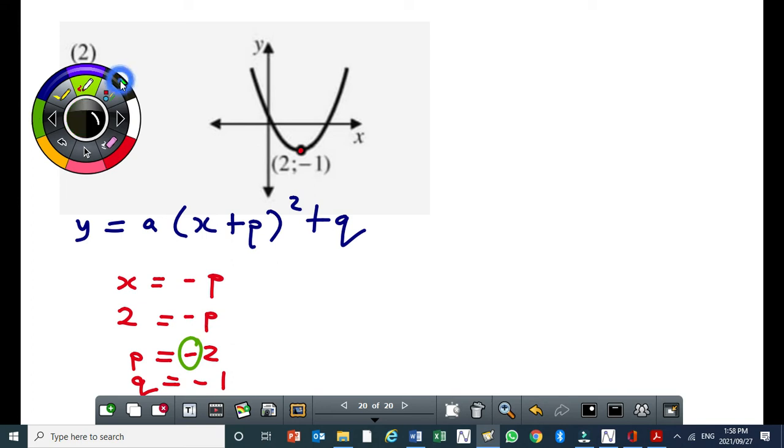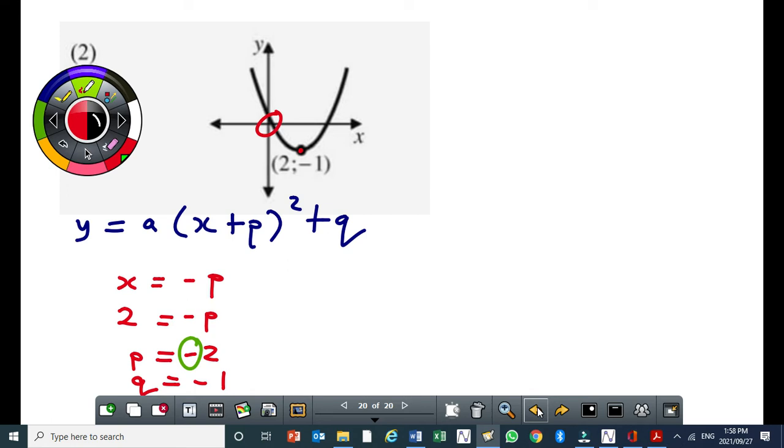right? So now that I've determined P, I've determined Q, I can now substitute. So at this point, x is 0. Okay, let me use a different color. x is 0 there. y is also 0. Therefore, when I write my equation y, let me substitute.